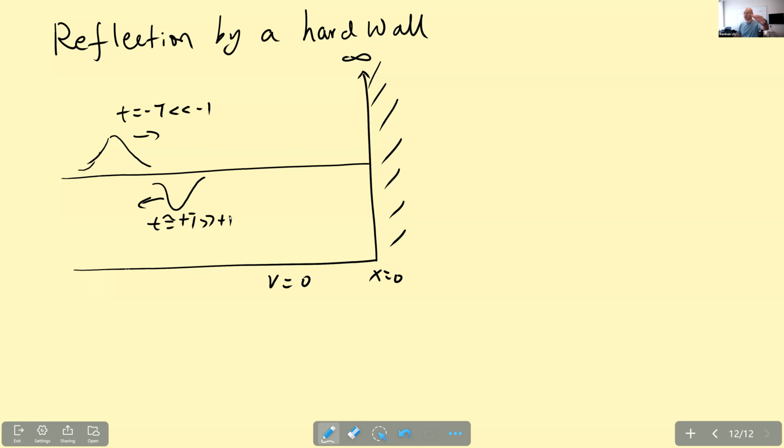So this is the physics. If you have a particle moving from left to right and hitting the wall, it will be reflected. So the Hamiltonian, of course, is very simple. V(x) equal to 0 for x less than 0, and plus infinity for x greater than 0.